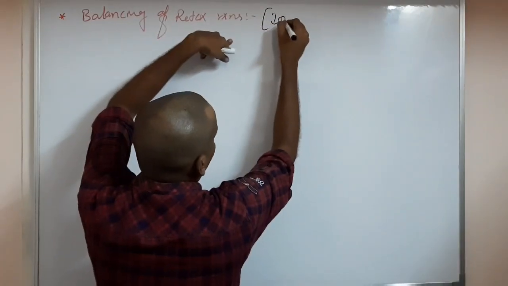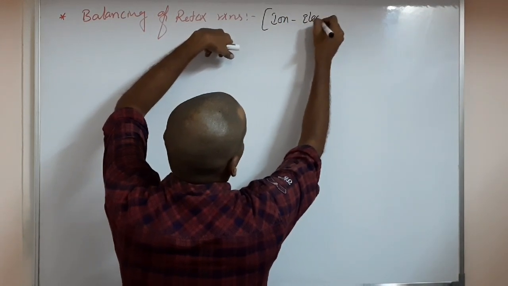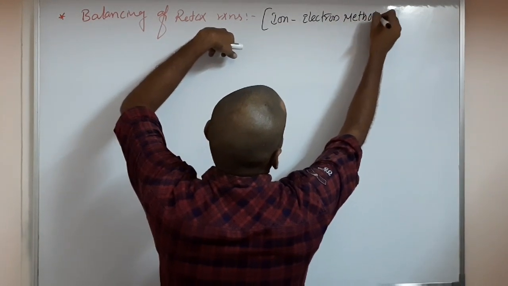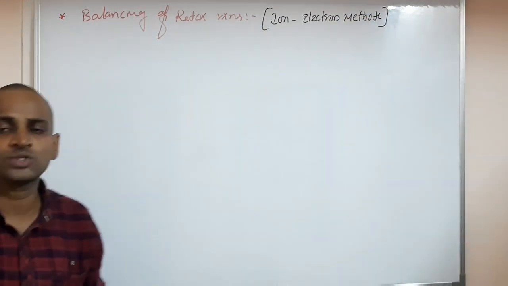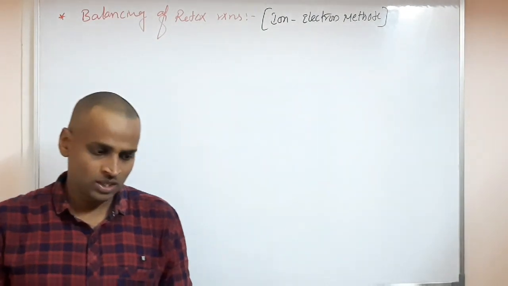First, I use one method: balancing of redox reactions by the ion electron method. This method I use to balance a redox reaction.